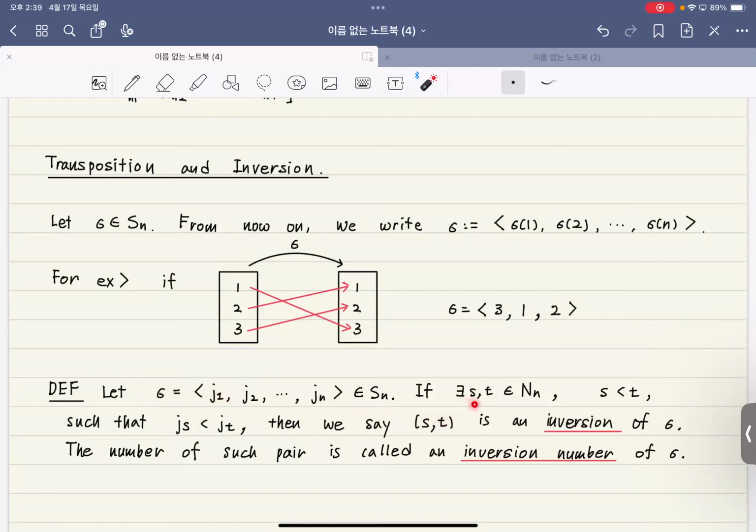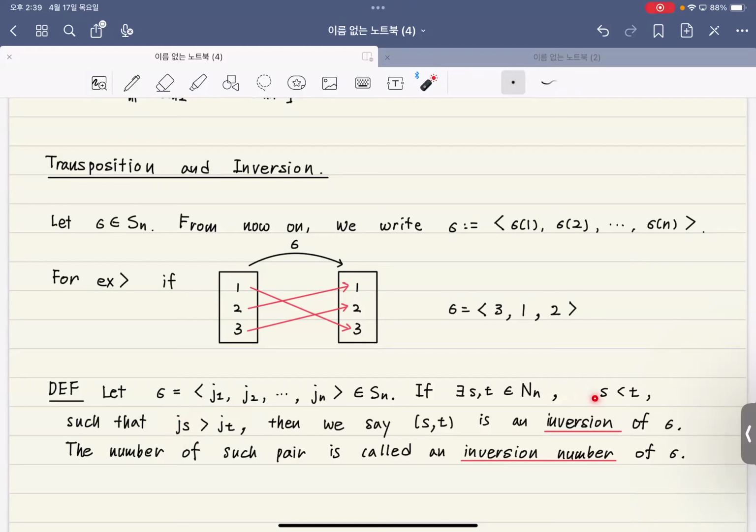And suppose that I was able to find 2 distinct integers, s and t, with s less than t, such that Js is greater than Jt.